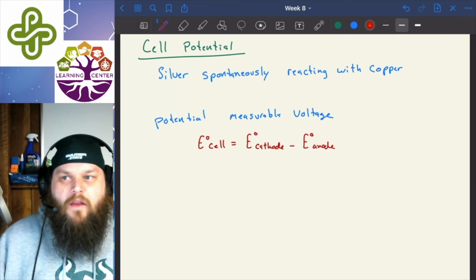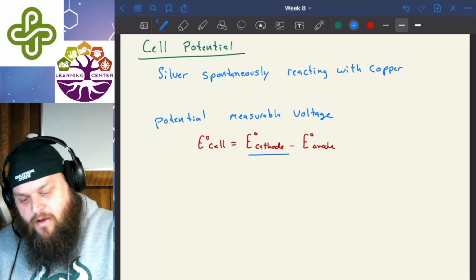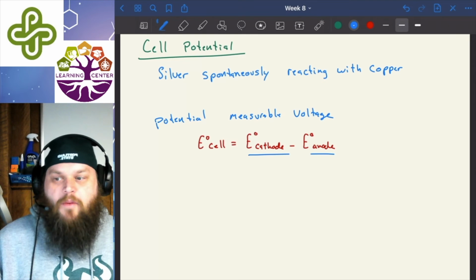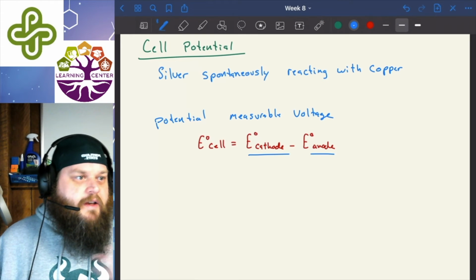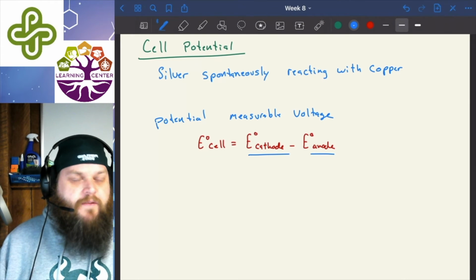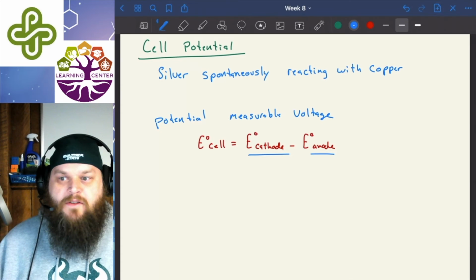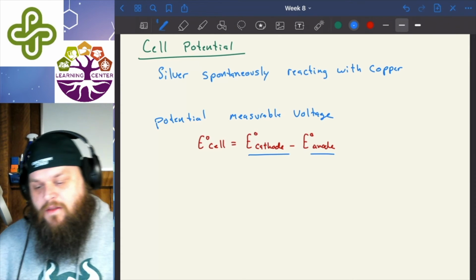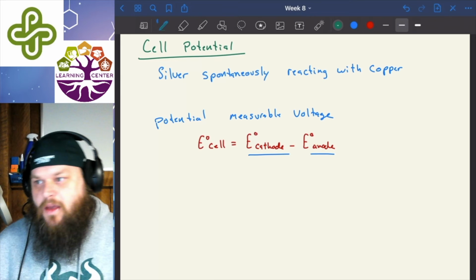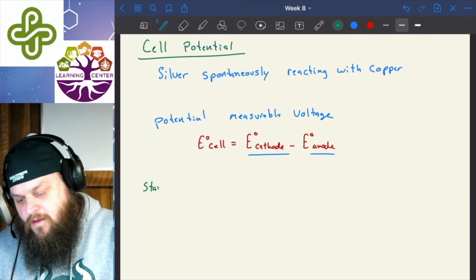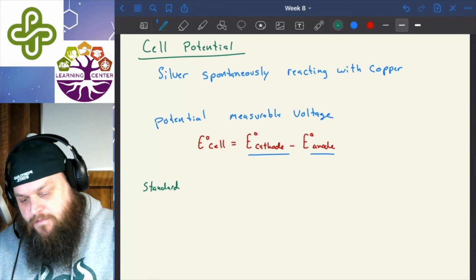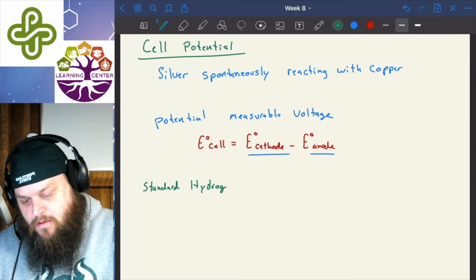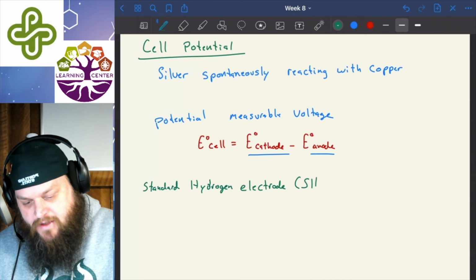And both of these values are standard values we can look up on tables where they've already done a lot of this analysis for you and found the voltage potentials of those cells. And we relate them all back to this standard cell that we have, which is the standard hydrogen electrode, otherwise known as SHE.